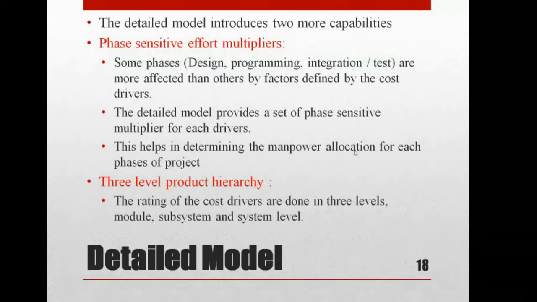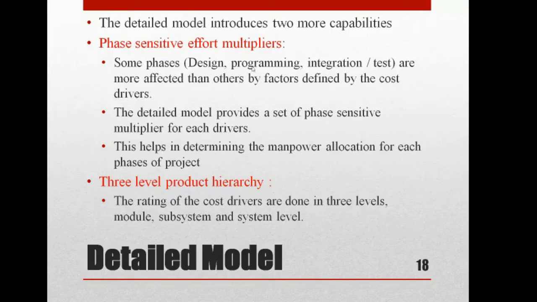The third one is the detailed model. As I already told, it is used for a larger number of lines of code, right? In this case, the detailed model introduces two more capabilities. What are those? Phase sensitive effort multipliers. For each phase, they calculate the effort: design phase, programming phase, integration phase, testing phase, right?